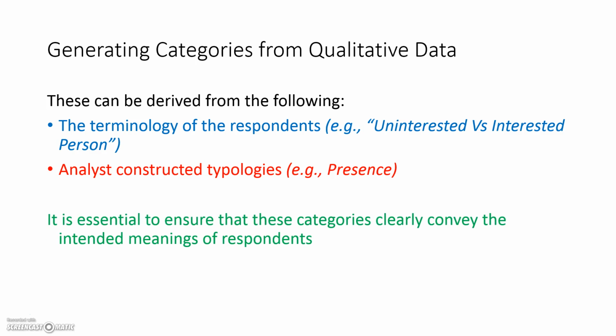And finally, just to reinforce the point that the categories should, in fact must, relate to the intended meanings of respondents. This is a judgment call, and the people that read your research paper will make their own judgments about how well your interpretations, recommendations, findings are actually substantiated by the methodology that you've used and the data that you've produced.